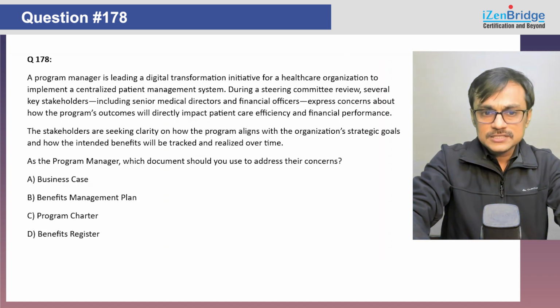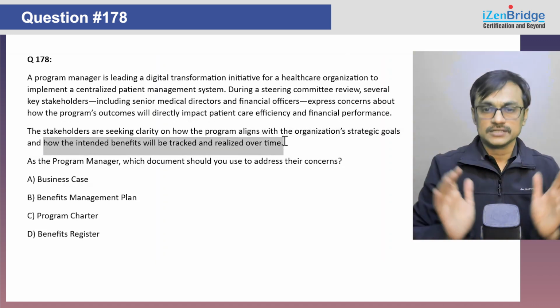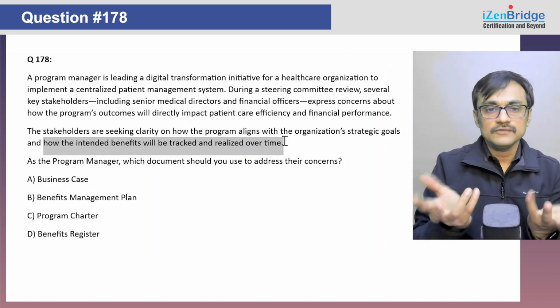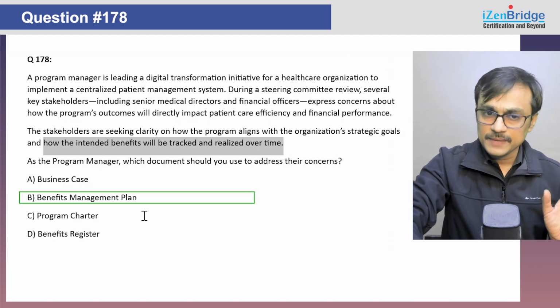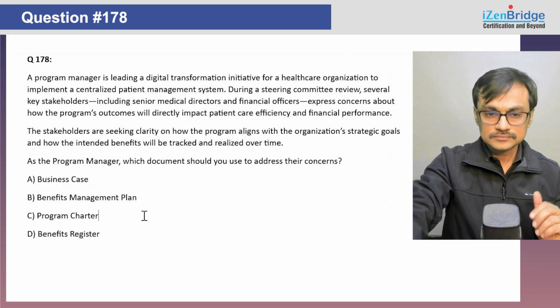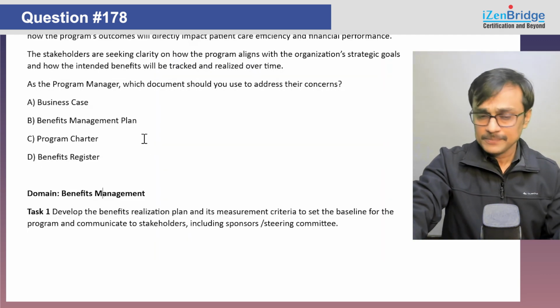If I just read this part of the question, I know what I have to select. This is clearly giving you an indication that you need to select the benefits management plan. So yes, it is mapped to task 1 of benefits management domain, because that talks about benefits management plan.